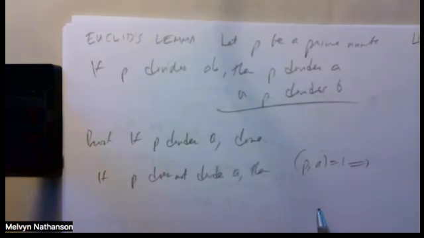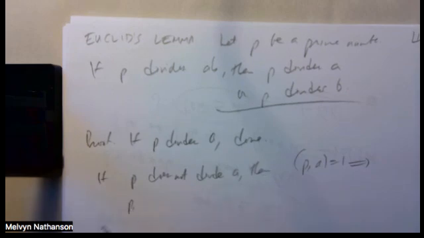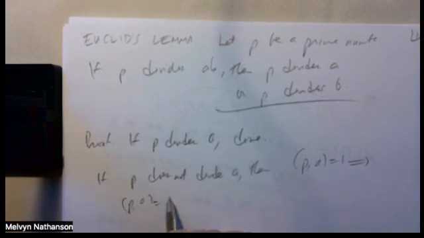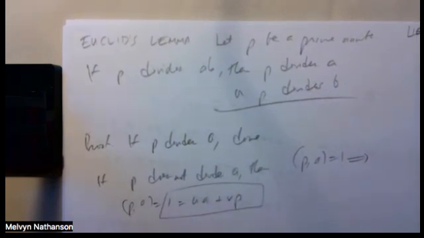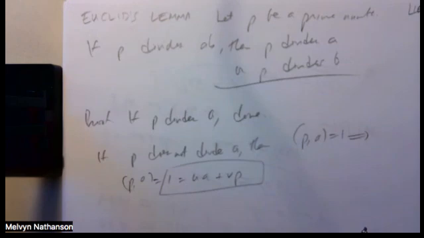If P and A have greatest common divisor 1, that means that 1 can be written as this linear combination: U times A plus V times P. You can write 1 in this form.